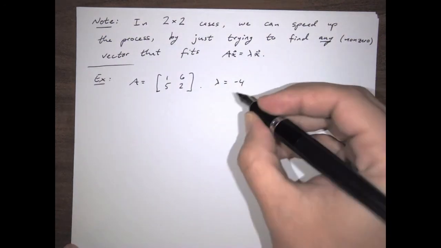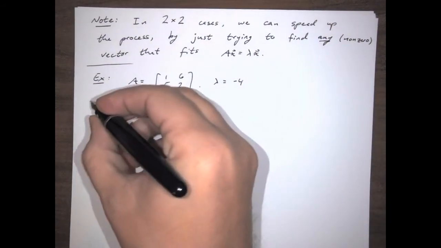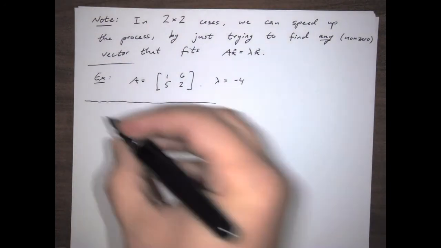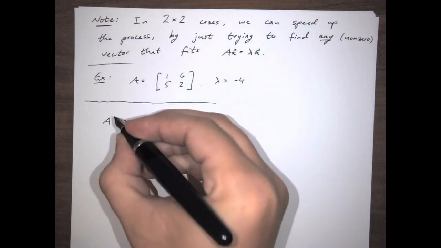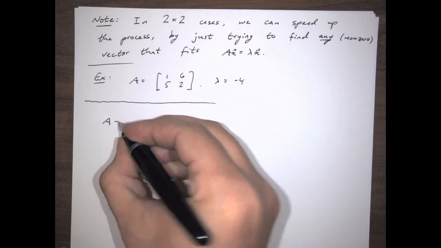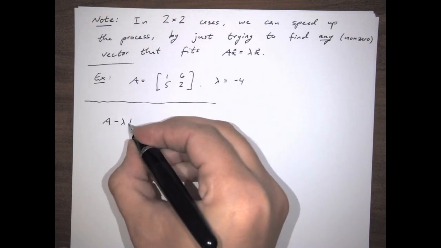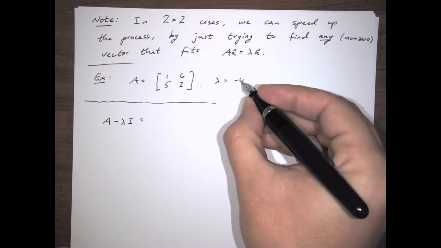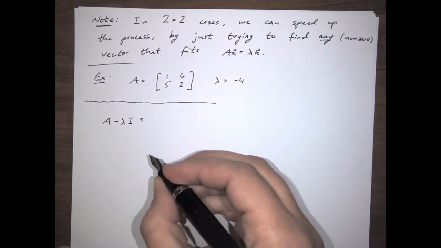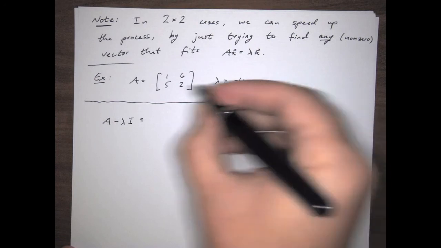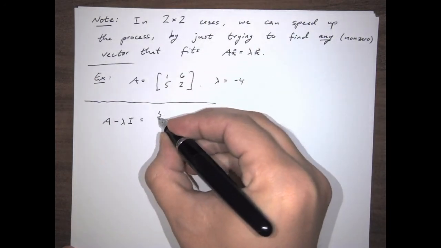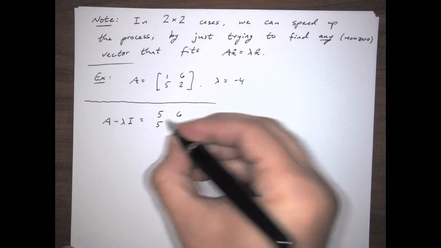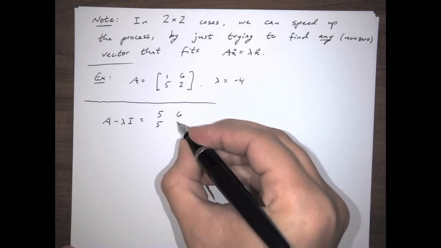So if we really truly have an eigenvalue given to us, then we can make some leaps of faith. So A minus lambda I. We subtract lambda from the main diagonal, and what we're going to get is a 5, because 1 minus -4 is 5, 6, 5, and 6.